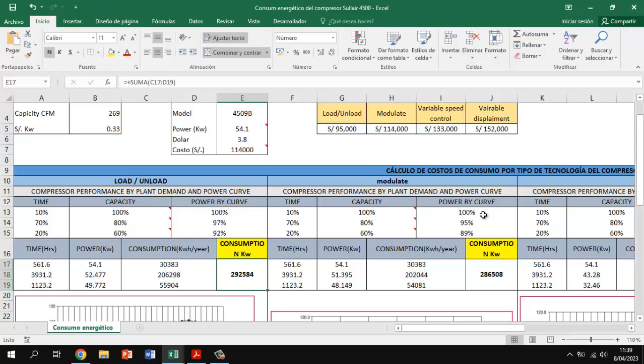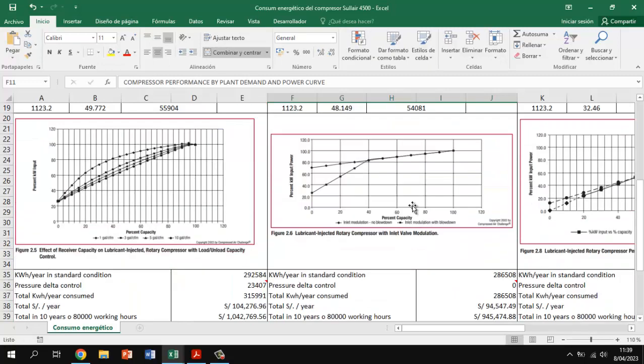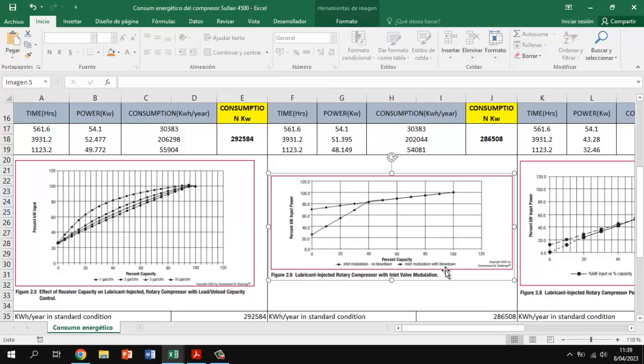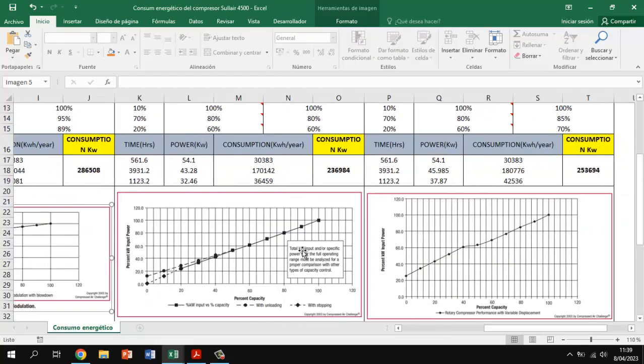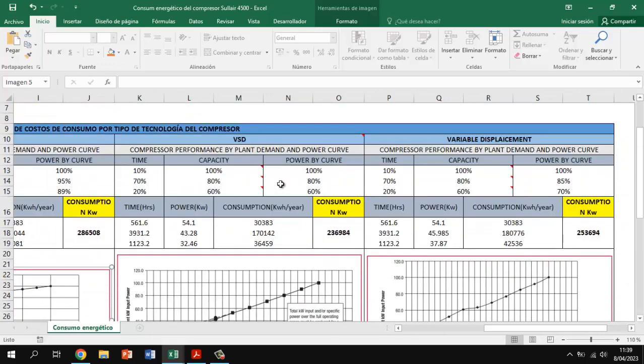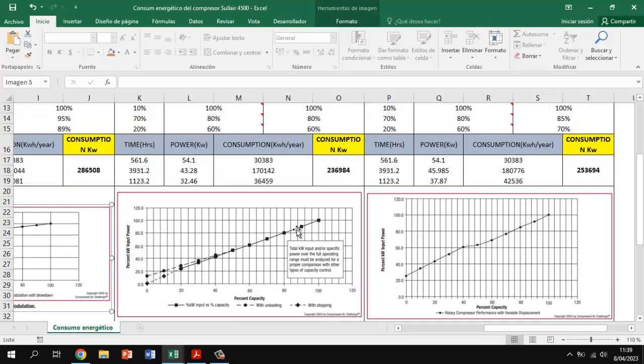The difference will be where it's going to change. Here, as you can see, for modulate technology, we have a different curve. It's totally different. For variable speed control, we have this, a different curve. For variable displacement, it's different.